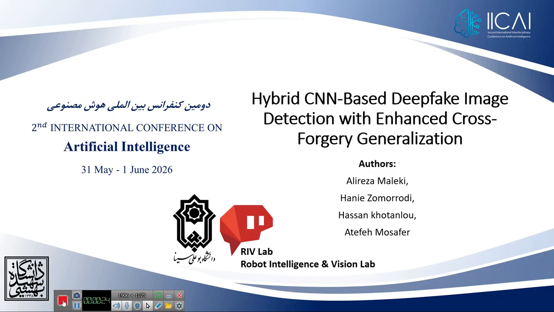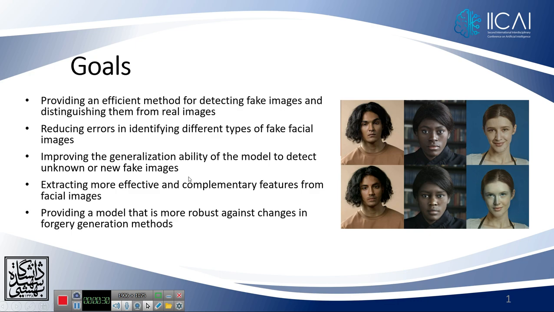Let me walk you through our approach, which is detecting manipulated facial images. So, what are we trying to achieve? First, providing an efficient method for detecting fake images and distinguishing them from real ones is our primary objective.